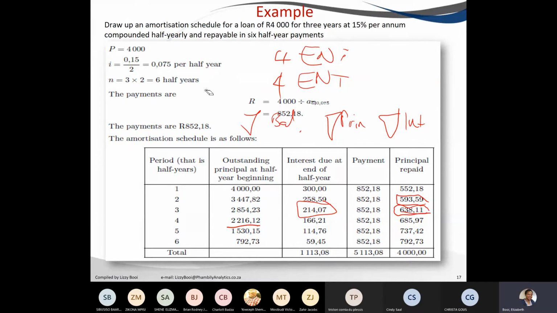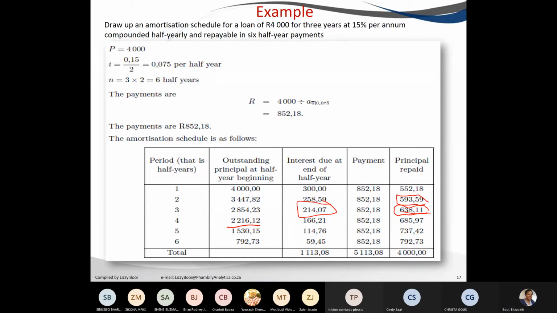So let's say, for example, you have a question and they ask you to calculate A, B, and C. So remember, like with this one, if I remove this value and that value and that value.